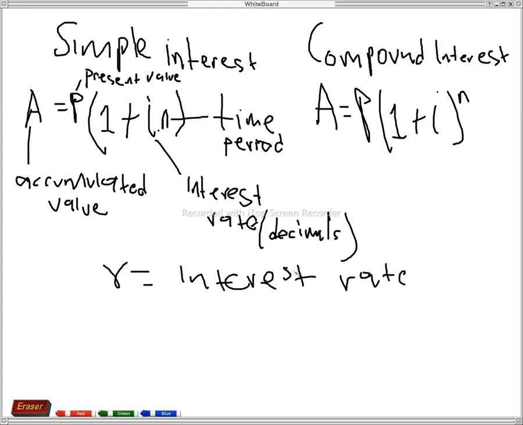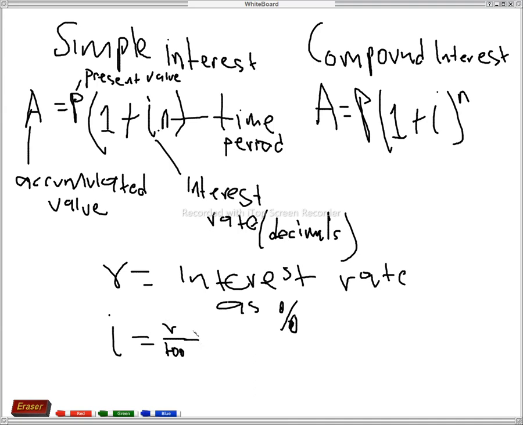To convert R to the interest rate in decimals, you say I is equal to R divided by 100. When you divide by 100, it's going to be in decimals.